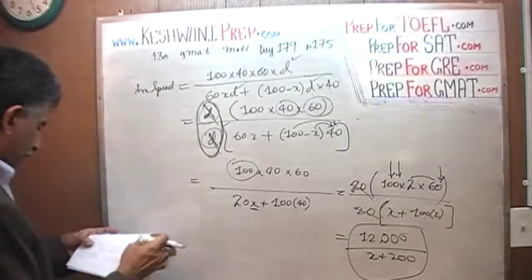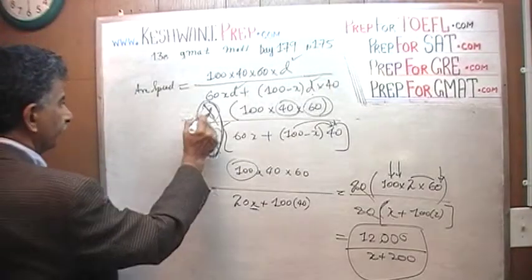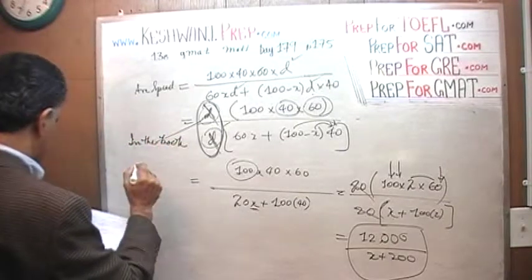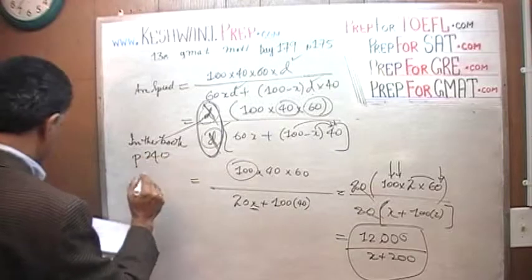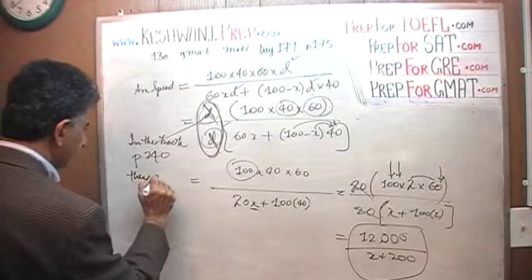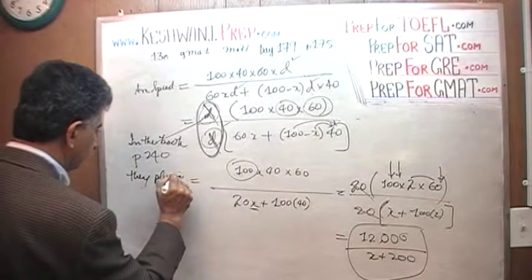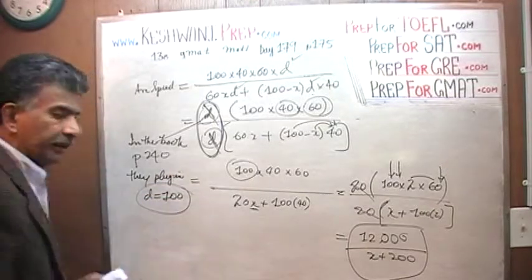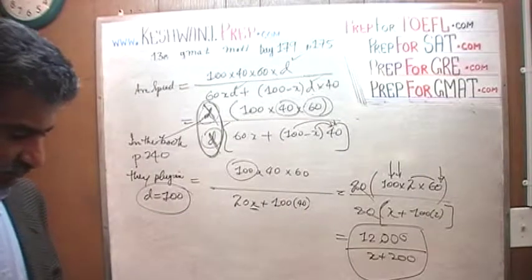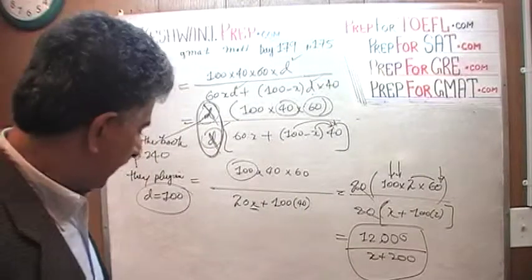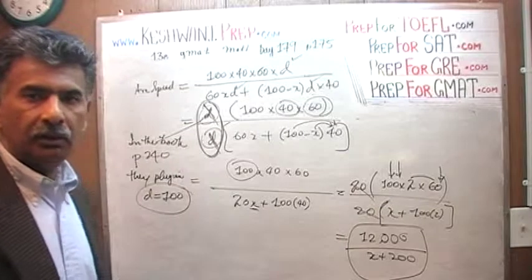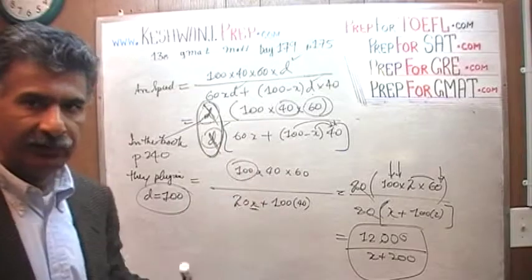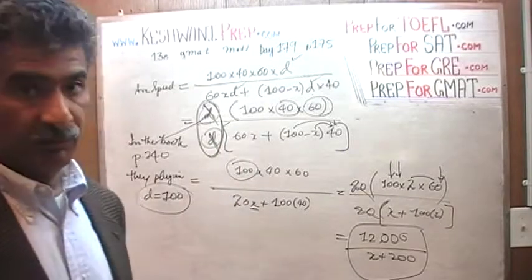If you turn to page number 240, they plug in 100 for D. They pretend that the total distance this person is traveling is 100 miles, which makes the calculation much easier. I didn't do it that way because I wanted to give you the flavor of what it is in the purest sense of the algebra.